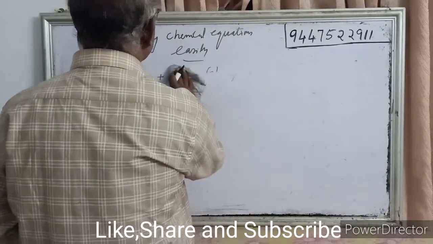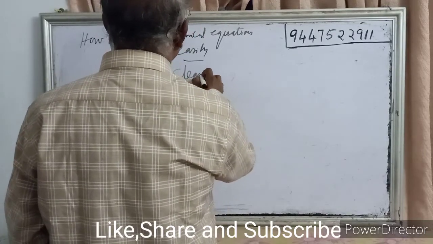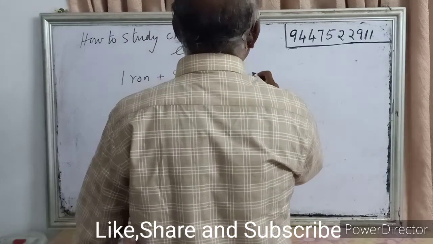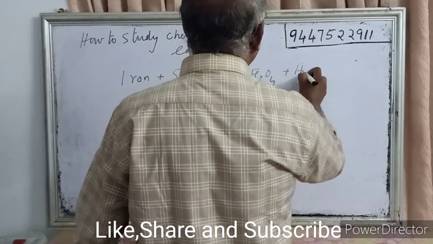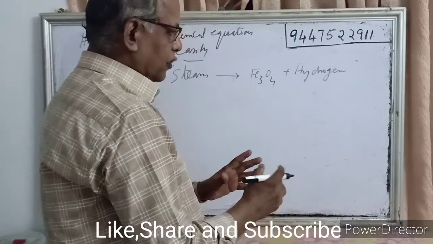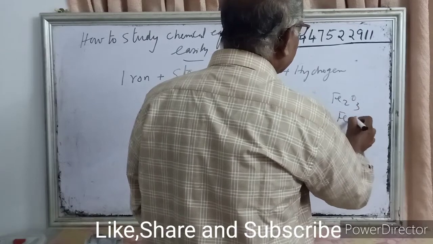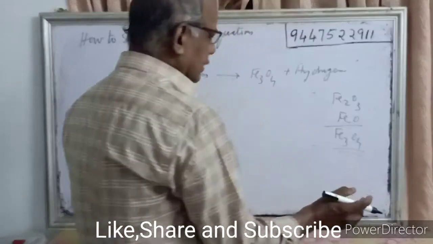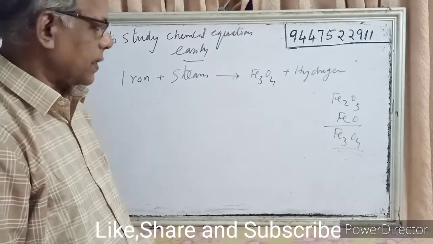So iron reacts with the steam to give Fe3O4, an oxide of iron, and hydrogen. This Fe3O4 is a combination of Fe2O3 and FeO. So this gives Fe3O4. That's a combination of 2 oxides of iron, Fe2O3 and FeO. That is Fe3O4.